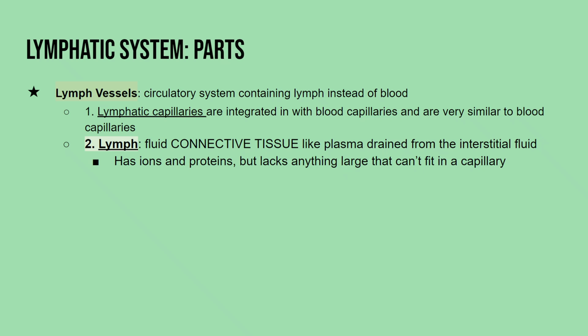There are lymphatic capillaries, just like the circulatory system capillaries, and they're integrated closely with blood capillaries. These just kind of pick up filtrate from the blood and then bring it back to the heart. Lymph is this fluid connective tissue that's like plasma drained from the interstitial fluid that comes out of the capillaries. It has ions and proteins, but it lacks anything large that can't fit through the space of a capillary.